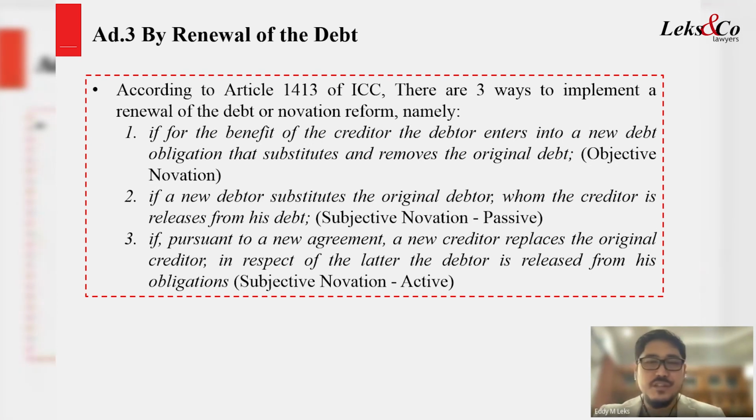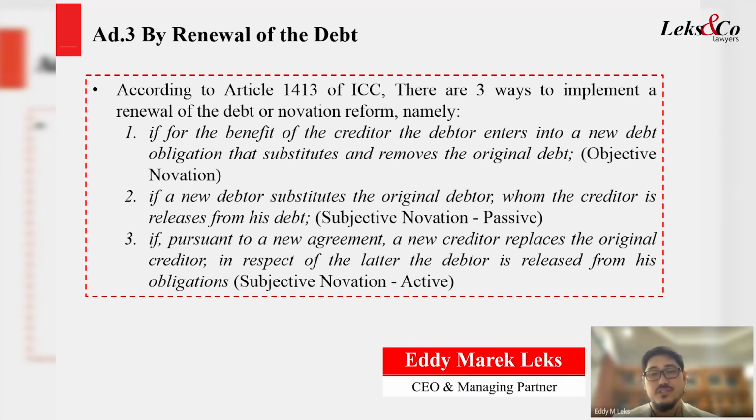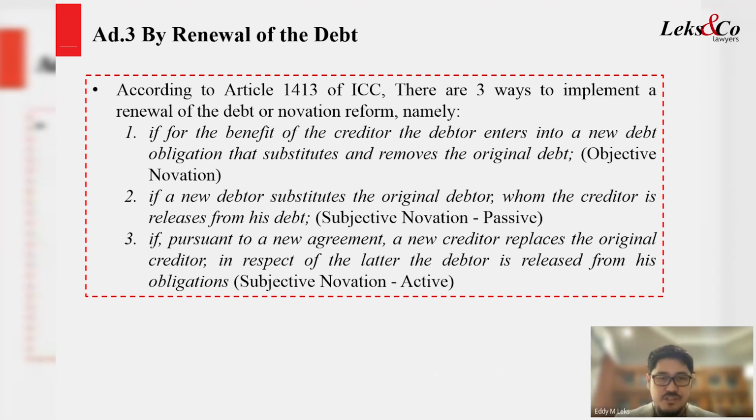So objective novation: if, for the benefit of the creditor, the debtor enters into a new debt that substitutes and removes the original debt. The second point, if a new debtor substitutes the original debtor, who is released by the creditor from his debt. The third point, if pursuant to a new agreement, a new creditor replaces the original creditor, in respect of whom the debtor is released from his obligations.